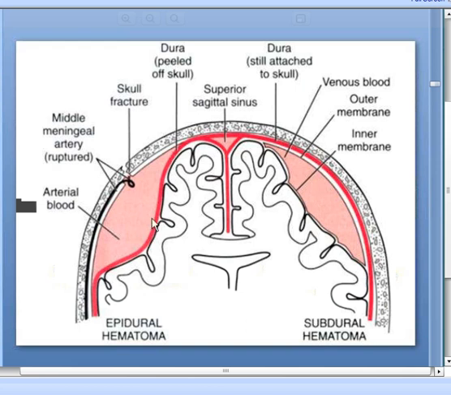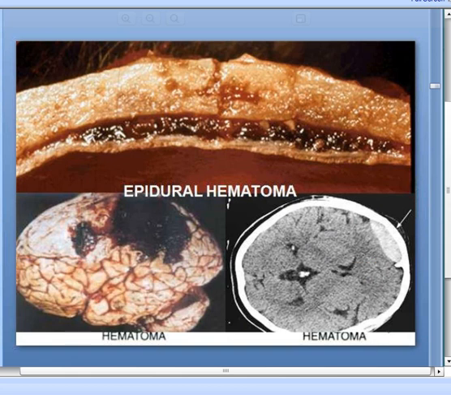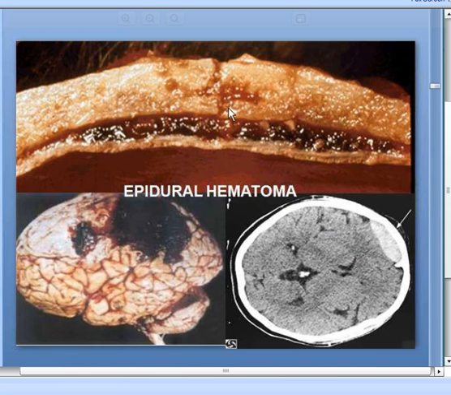Here is the dural membrane in which the blood collection is epi or superior to the dura. Here you can see that there's also a skull fracture in association with it. And from a CT scan, it may look very, very similar unless you could actually delineate the boundaries of that dura over there, which you can usually do. So here is the outer table of a skull. Here's an inner table. You can see that there's some disruption of this inner table, and there's some hemorrhage in the diploe.